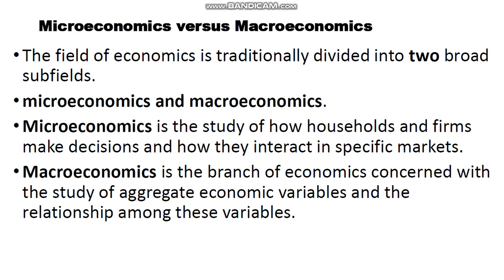So, in the study of microeconomics, our focus mainly is to study how households, that is you and I, who go to the market to buy, and firms, that is those who produce goods and services, how these two groups of economic agents behave and how markets help in coordinating their activities. That is the subject matter of micro.